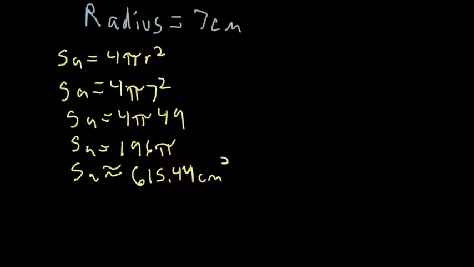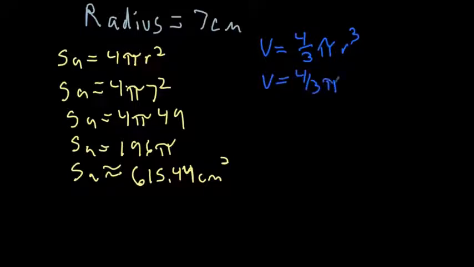Alright, so let's do the volume. So volume equals 4/3 pi r cubed. So volume equals 4/3 times pi times 7 times 7 times 7. Use your calculators to do 7 cubed, which is 343.